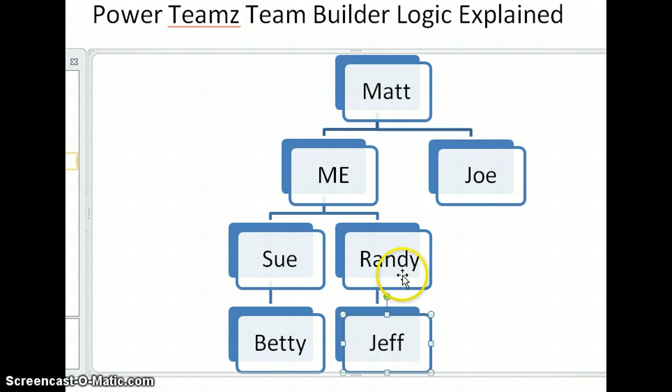Now, if you continue sending out invitations, the next thing is it goes back to Sue, and at first it looks at me. So me, that's you, have 2 customers. It looks at your customers and says, Sue only has one. Randy has one, but he's brand new. He just got his first, so it's going to go back.